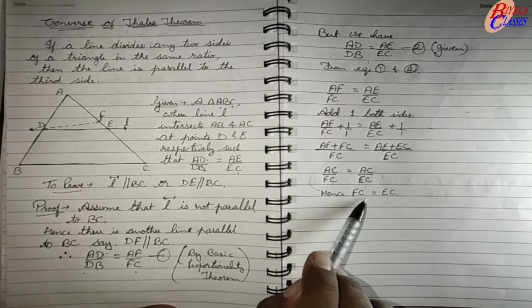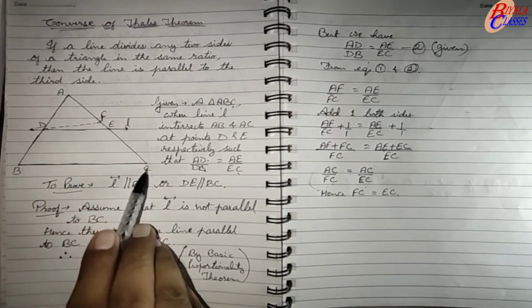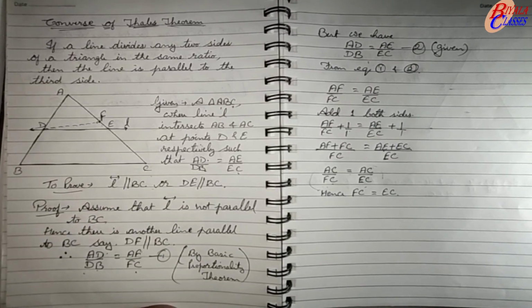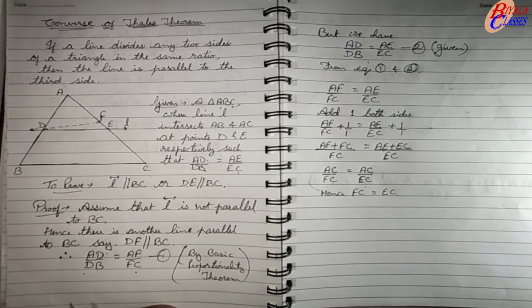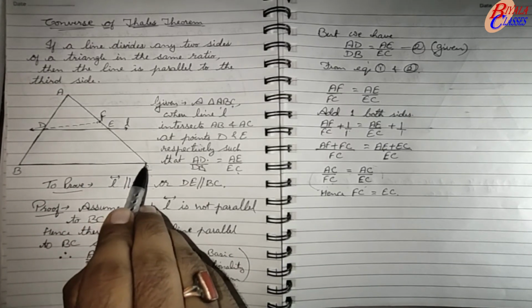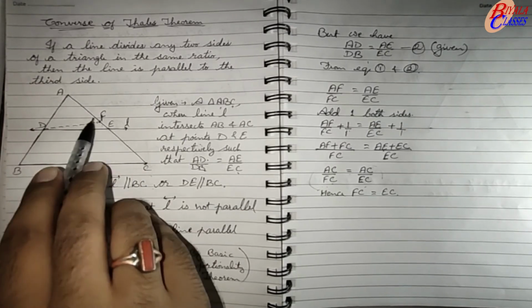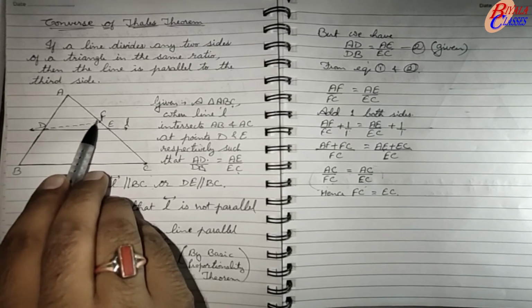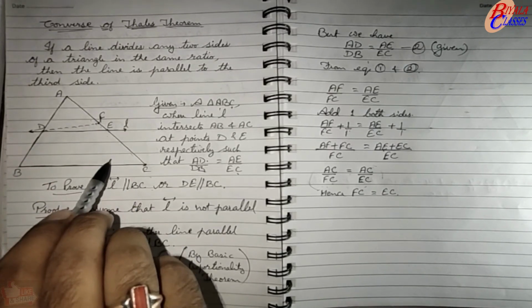According to this result, FC and EC are equal. But seeing this figure, can we say that FC and EC are equal? No. Why? Because C is the common point for both the parts, but E and F lie at different positions. And when they are lying at different positions, the length of these two can never be equal.